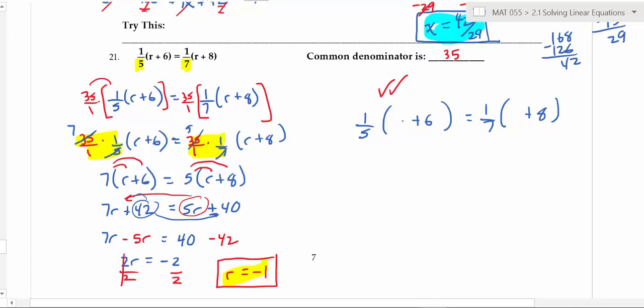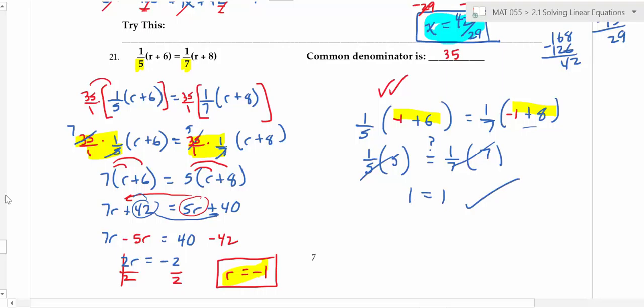This one's actually very easy to check. So put a negative 1, put a negative 1 there. Now you can put those numbers together in parentheses by following order of operations. So this is 1/5 times 5, and we'll see if that's equal to 1/7 times, and then of course this is 7. That crosses out, that crosses out. You got 1 equals 1. It's right.